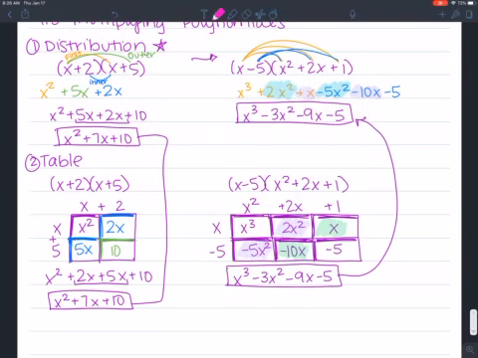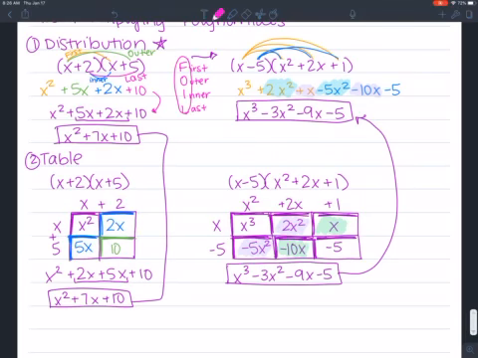And then we can multiply 2 times 5, and those are both the last terms in each binomial, and that would give us 10. So see how it gives us the exact same ones as below? But the acronym for it is FOIL, because you multiply the first times the first, the outer times the outer, the inner times the inner, and the last times the last.